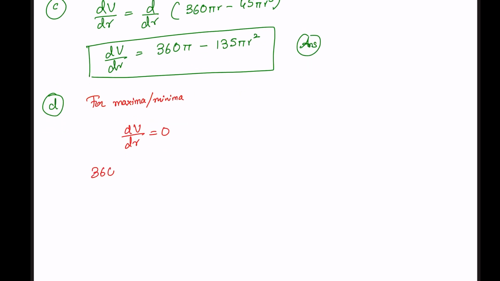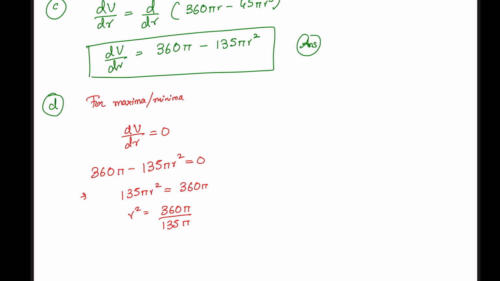So 360 pi minus 135 pi r square equals 0. So 135 pi r square would be equal to 360 pi. So r square would be 360 pi by 135 pi.